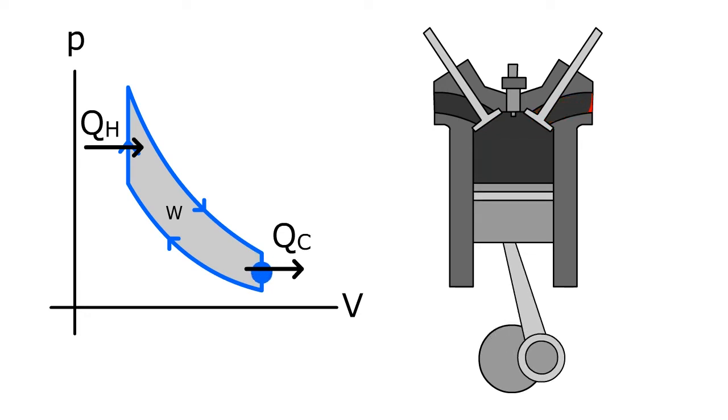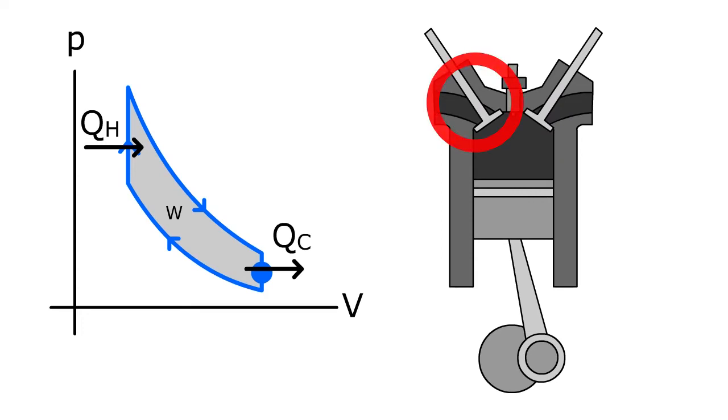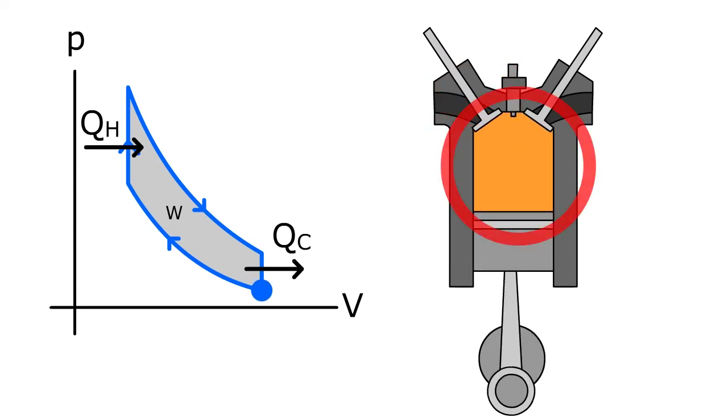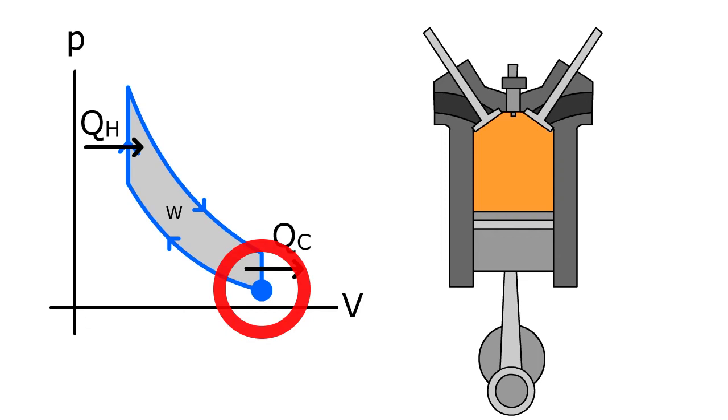Okay, so let's go through this. First, what happens is that your intake valve here will open up, tapos papasok ngayon yung ating working substance. So this working substance here is a combination of fuel and air. So yan yung magiging working substance ng ating heat engine. So currently sa ating PV diagram, nandito yung ating state.